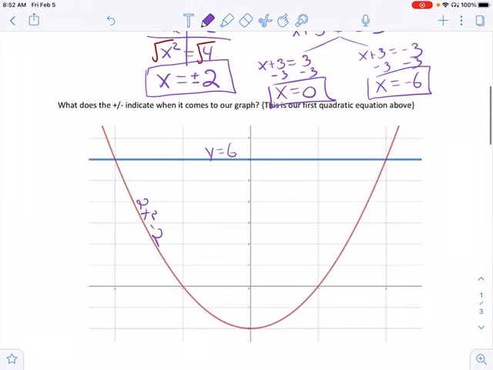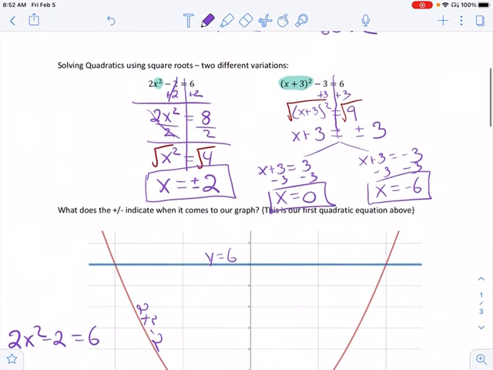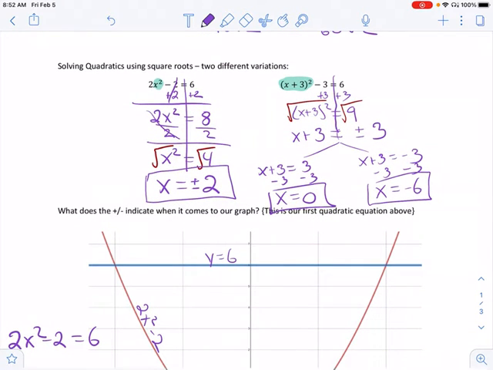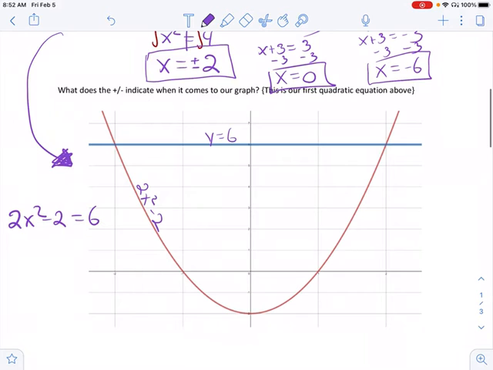Here, I said that we could solve equations graphically, and this is basically our equation 2x squared minus 2 equals 6 that we had solved above. These are those graphs, and I did this so that we could understand why we're getting plus or minus 2.